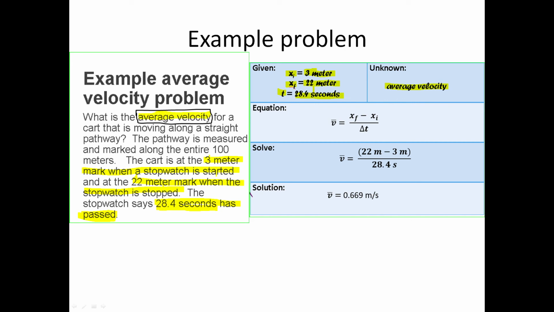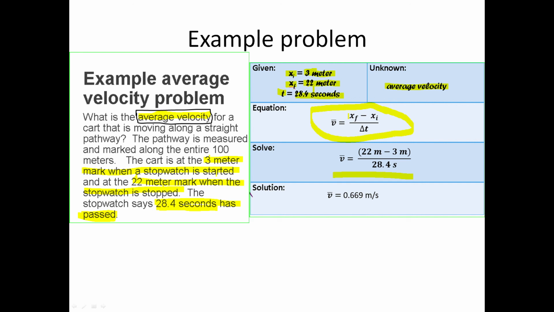And so here's the formula, and that's the equation that we're going to use for this step. All we have to do is replace xf with 22, xi with 3, and delta t with 28.4 seconds. That's literally all you're doing there.